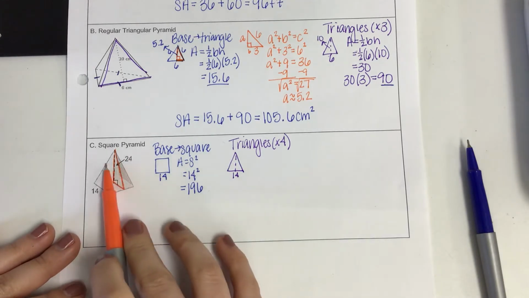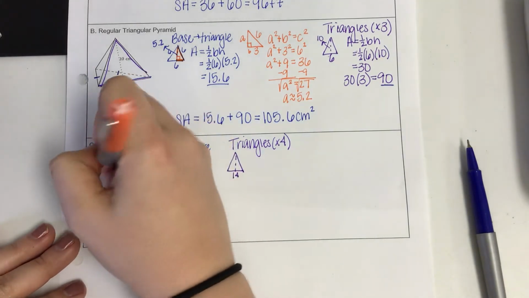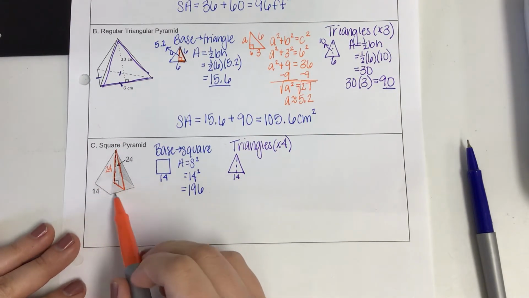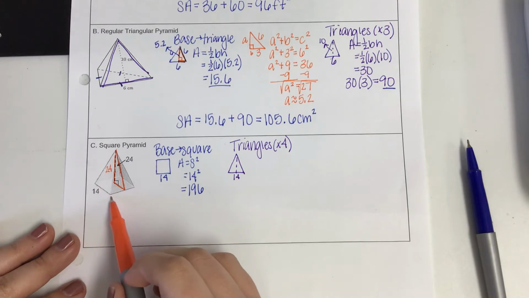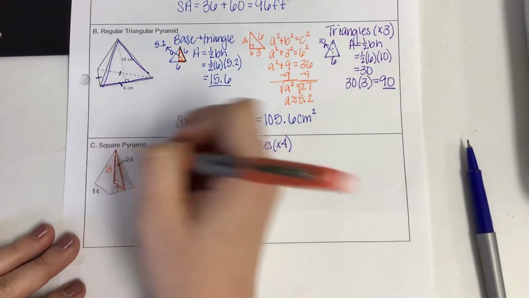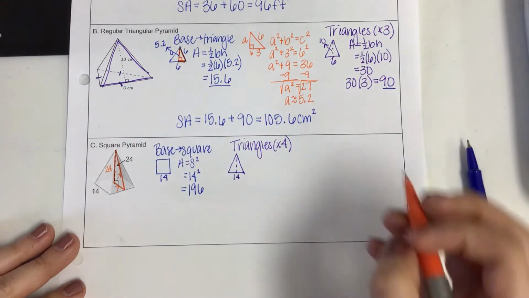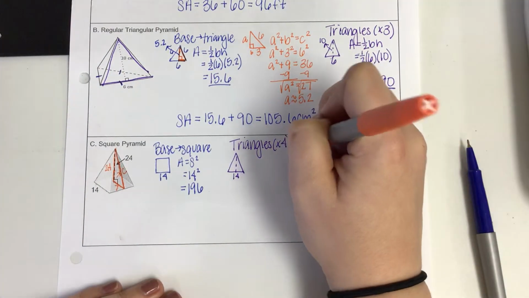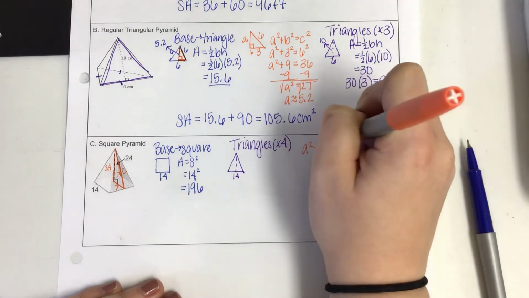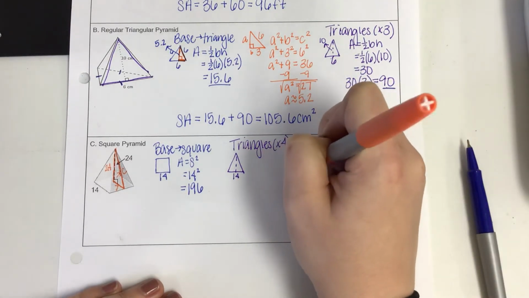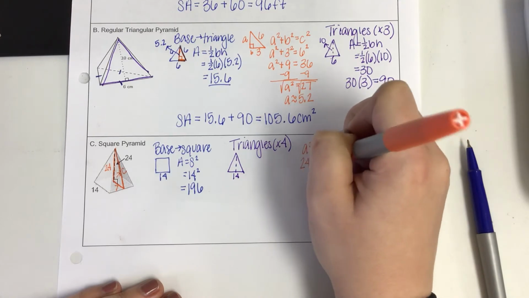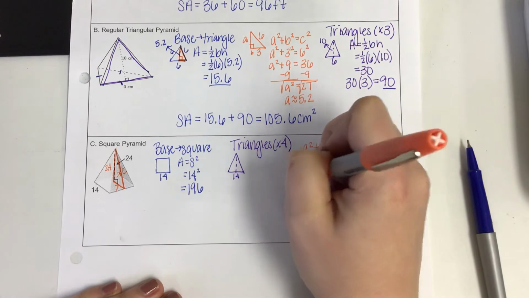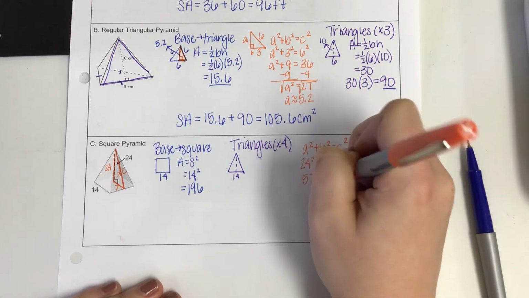In this right triangle, I know that this leg is 24. It points it out for me. This bottom leg is half of the length of our square. So half of 14 is 7. And the side that we do not know, our slant height, is our hypotenuse, letter C. So we're going to fill in our formula, where A is going to be 24 and B is 7. 24 squared is 576 and 7 squared is 49.